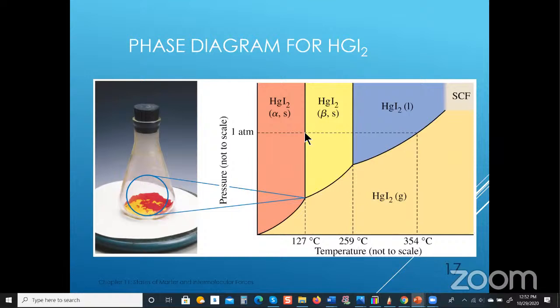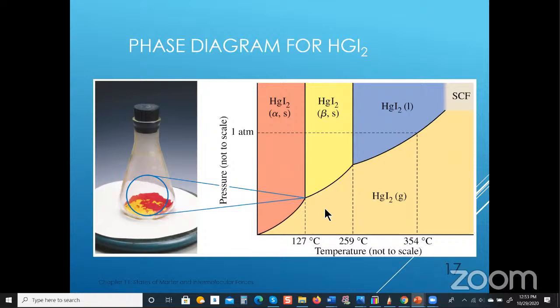And here, this would not be a melting point per se, because what this temperature of 127 degrees represents is the equilibrium between these two different forms of mercury iodide. I'm not sure what terminology would be applied to this temperature, but it certainly would not be the melting point, because we're not going from a solid state to a liquid state. We're going from one form of solid to another form of solid. So that's what happens in the case of mercury II iodide.